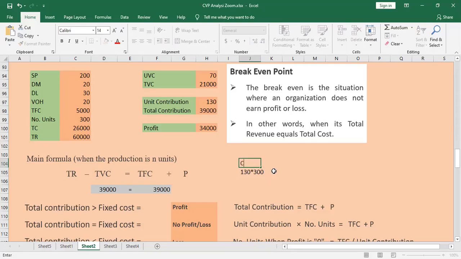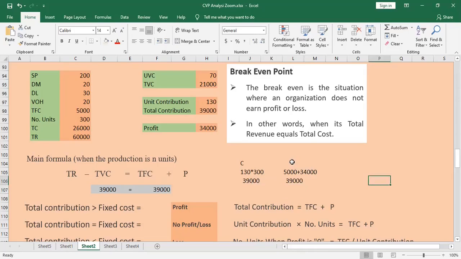And this side we have total fixed cost plus profit. How do you get that value? Total fixed cost is equal to 5,000 and plus profit we had 34,000. So the answer here is 39,000, and here also the same.